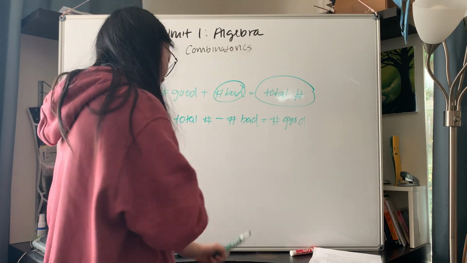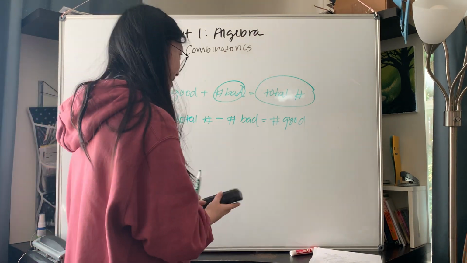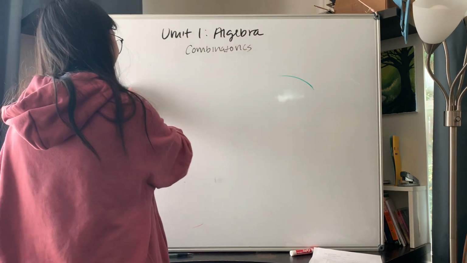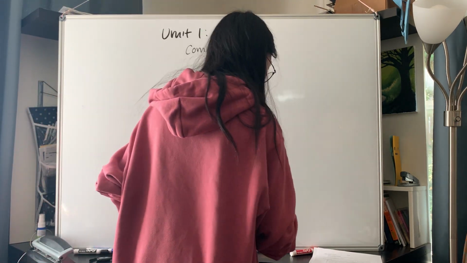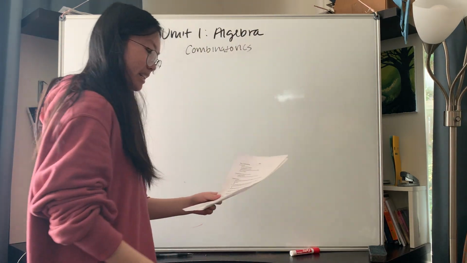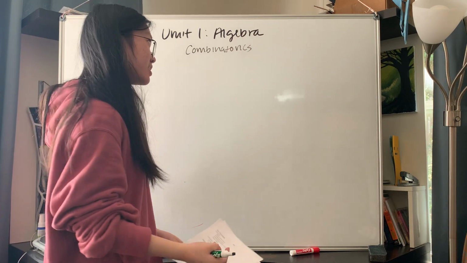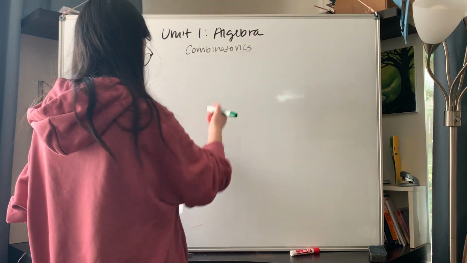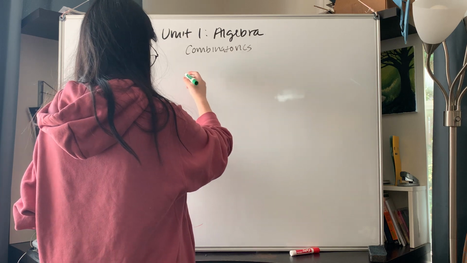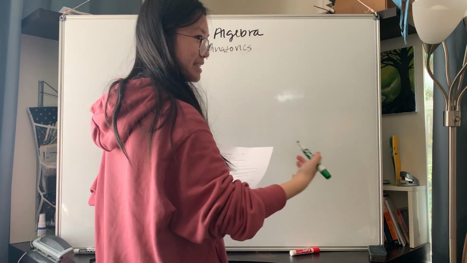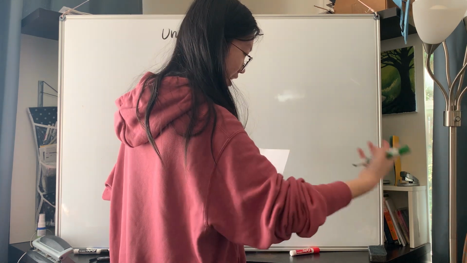So as an example, I'll move on to problem 6, where Anwar flips 8 coins, or he flips a coin 8 times. It's asking how many ways can he flip at least 2 heads. So if we're using combinations, we can just say, well, at least 2 heads, how many ways can there be 2 heads out of 8 flips, or 3 heads out of 8 flips, or 4 heads out of 8 flips?